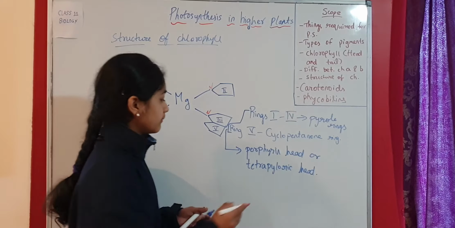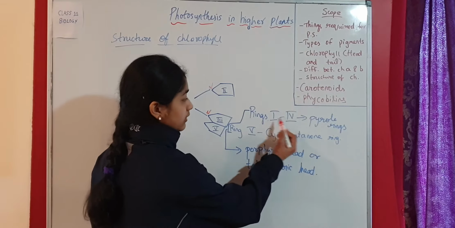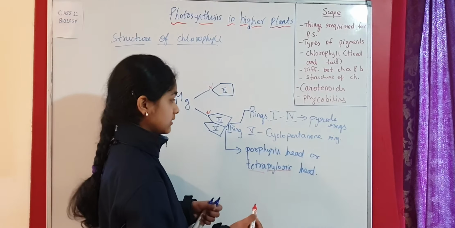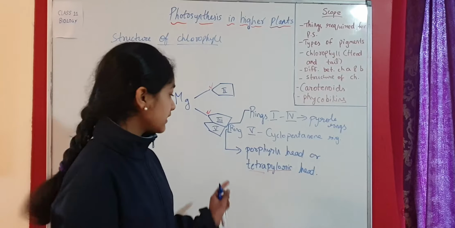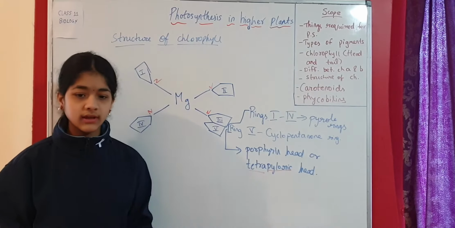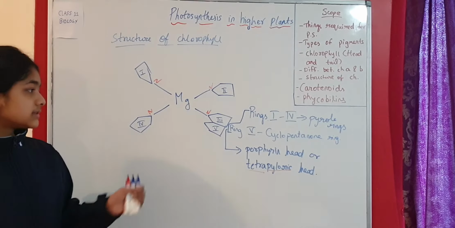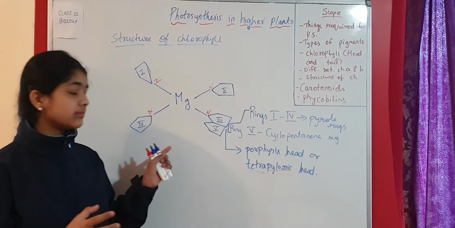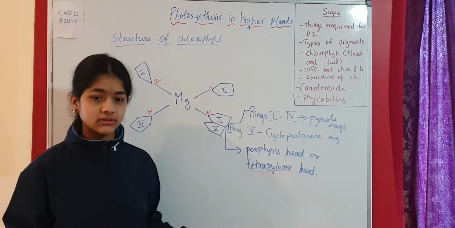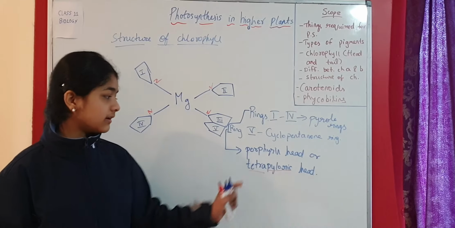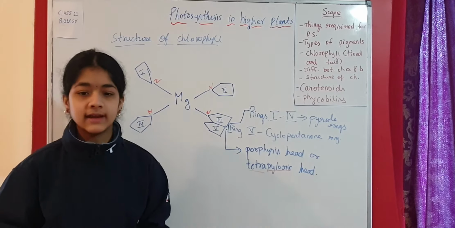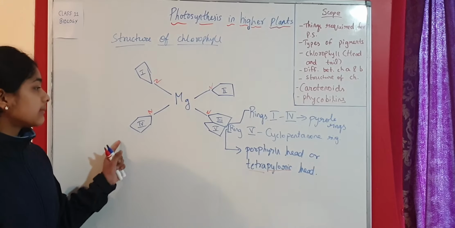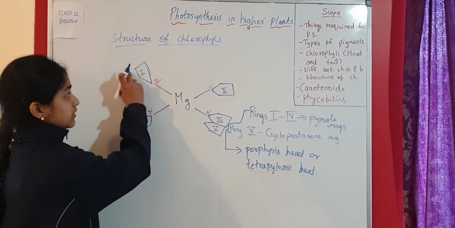Tetra because 4, pyrrolic because they have 4 pyrrole rings. So, 4 pyrrole rings, it's called tetrapyrrolic head. Now, the whole thing, the rings and the magnesium, the nitrogen rings and the magnesium combine to form the porphyrin head or tetrapyrrolic head.